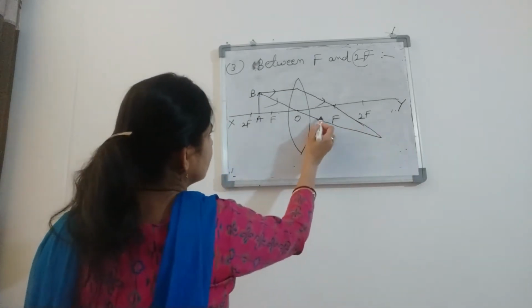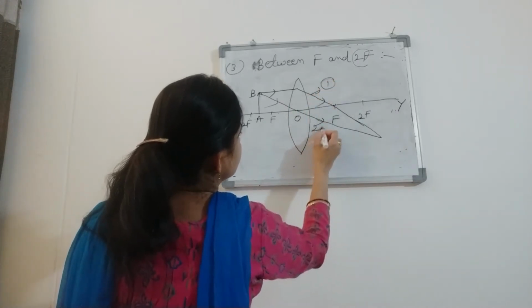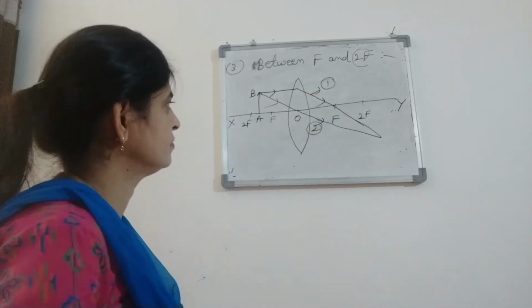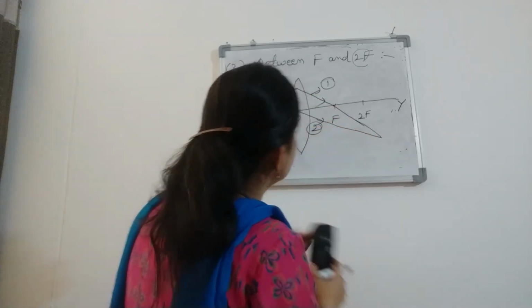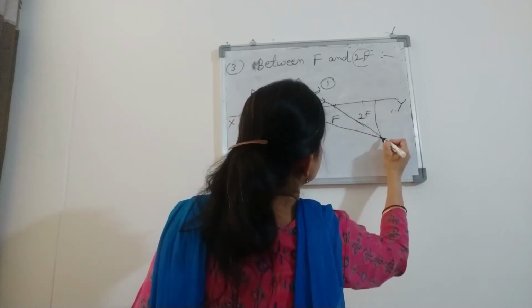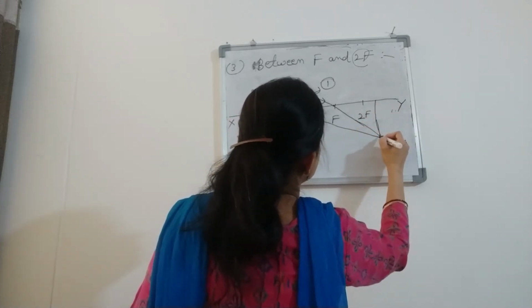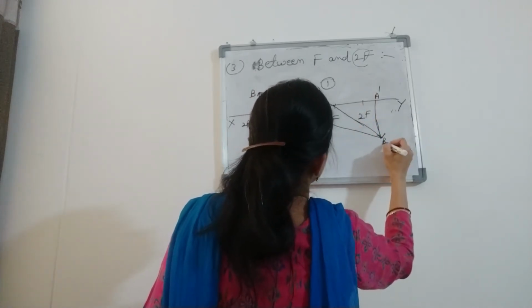Now mark two refracted rays. They are intersecting at this point. Suppose this point is your B dash.